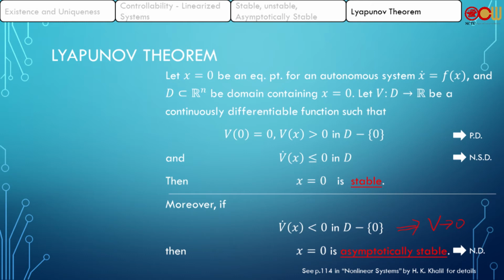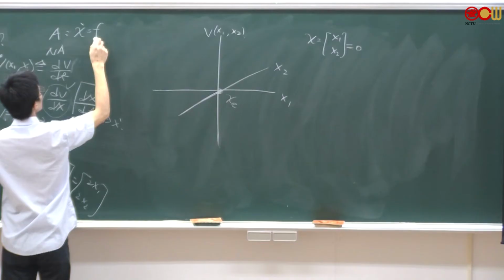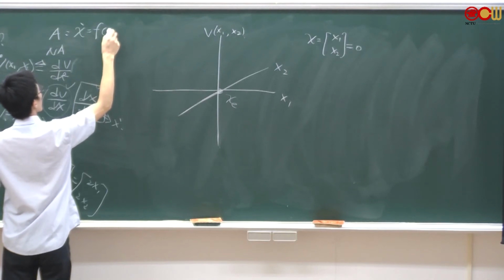Autonomous system, which we defined before, is where this f does not explicitly depend on time, only depends on states. Define x dot equal to f(x).